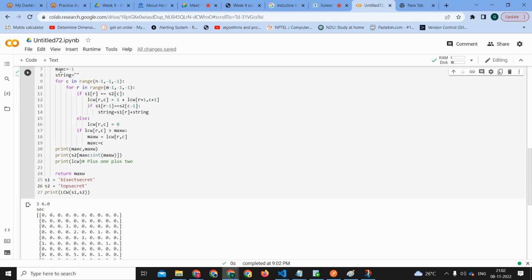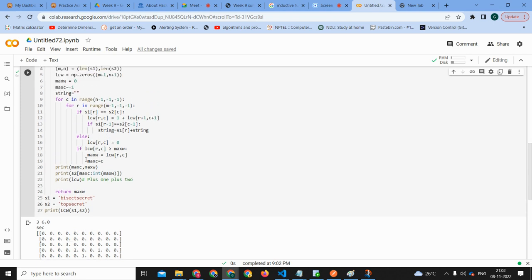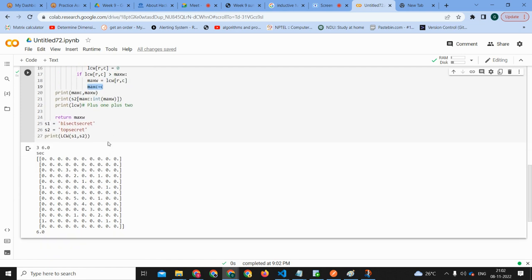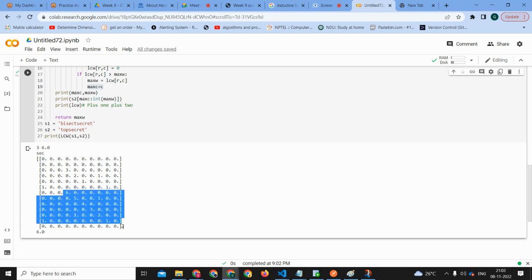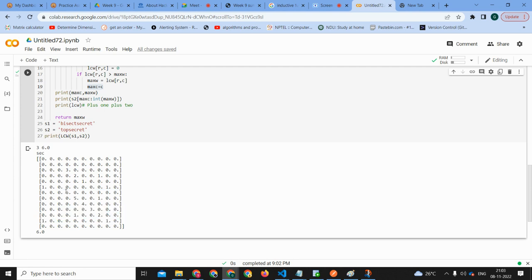Just like how Afnan told, at the end we'll store the maxi, and we'll store the index itself instead of just the maxi. Why can't we add it up here? This is how it will go, so it's going to be SECRET.